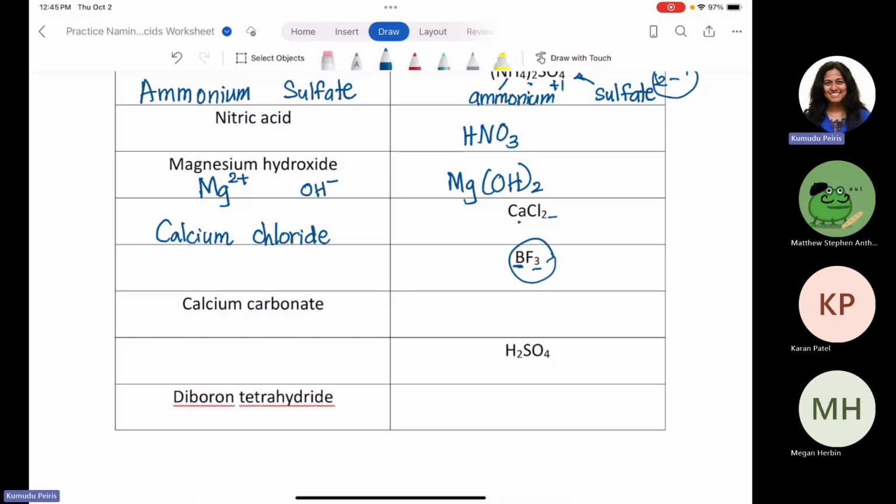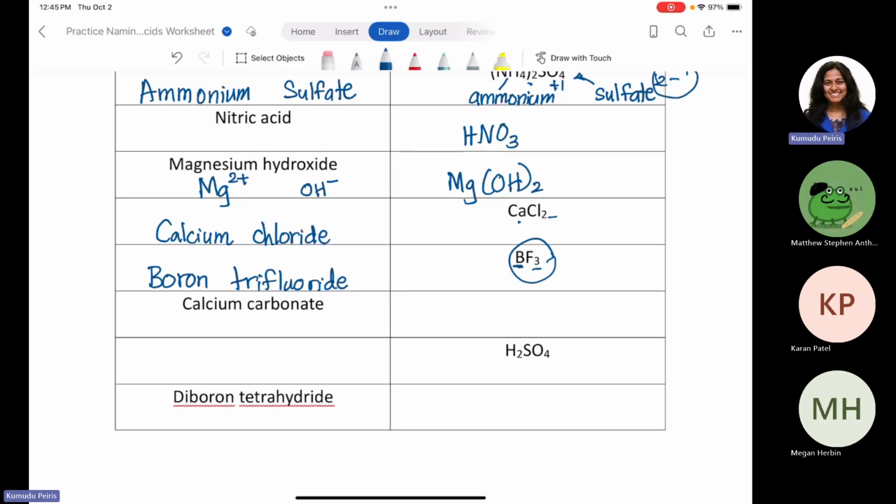So we should name this boron trifluoride. You would wonder what the difference is. Yes, because in that case we have a covalent bond.